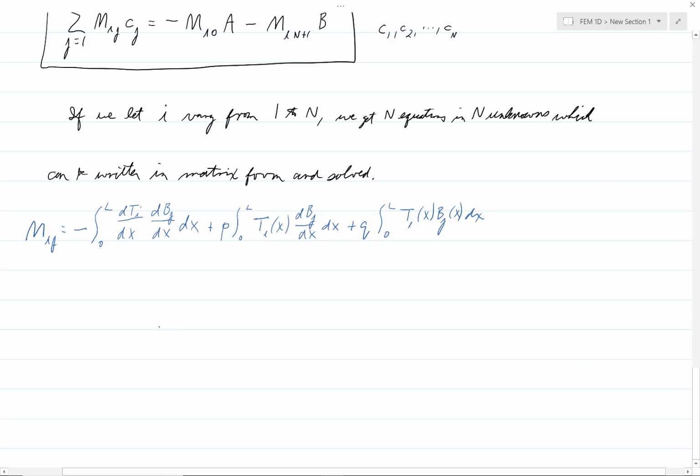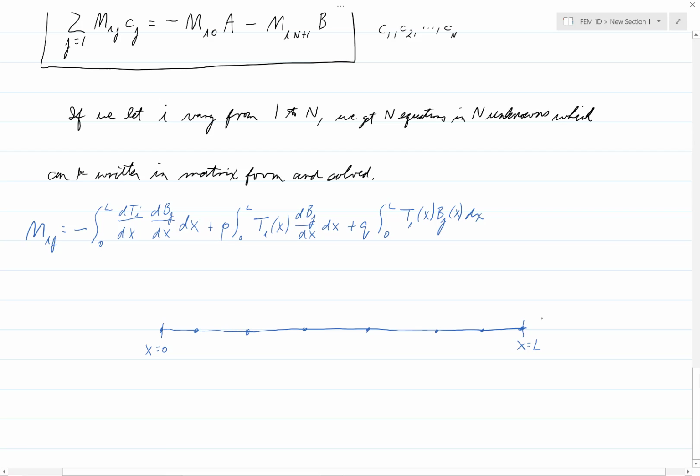Our problem domain looks like this. x is equal to 0 at the left boundary, and x is equal to L at the right boundary. And we have nodes, which need not be evenly spaced, spread throughout this region.